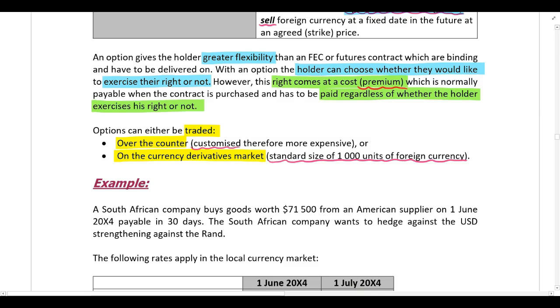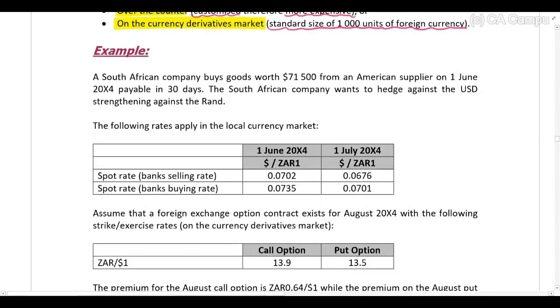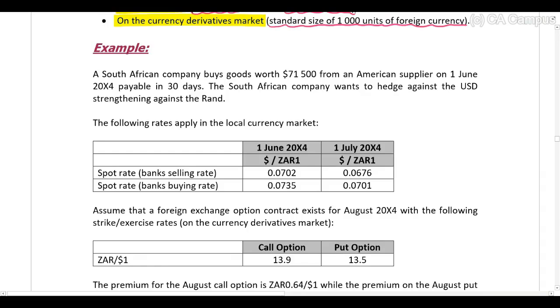So obviously the disadvantage of the currency derivatives market is because the contracts are a standard size, you won't necessarily get exactly what you need. Whereas if it's over the counter, you can customize it and get exactly what you need. However, if it's over the counter, because it can be customized to your exact requirements, it is going to be slightly more expensive.